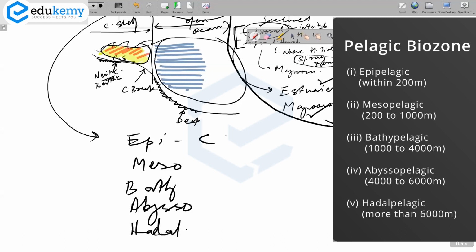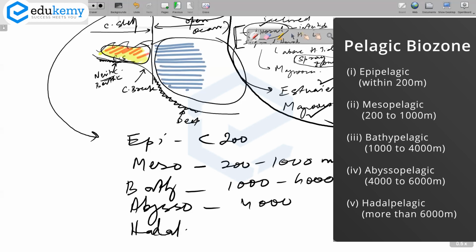Epipelagic is within 200 meters. Meso is from 200 to 1,000 meters. Bathypelagic is 1,000 to 4,000 meters. Abyssopelagic is 4,000 to 6,000 meters. Hadal pelagic is more than 6,000 meters.